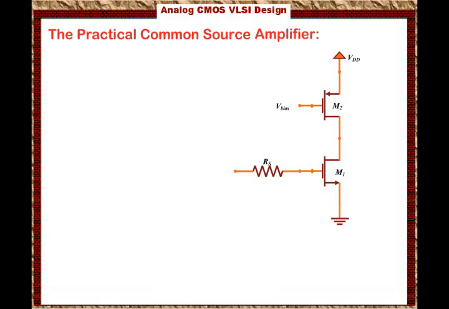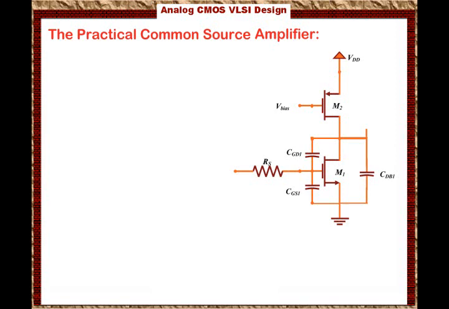Let's look at the capacitances. We have a capacitance for M1 that goes from the gate to the source, we call it CGS1, and a capacitance that goes from the gate to the drain of M1, we call it CGD1, and a capacitance that goes from the drain to the body of M1, we call it CDB1.